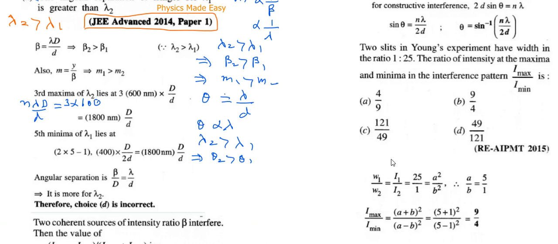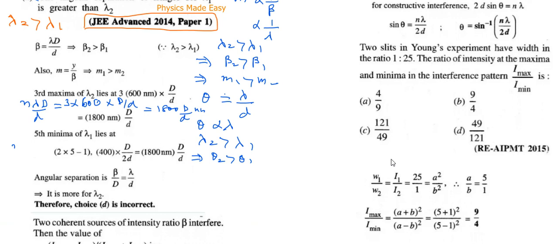So this is 3 multiplied by 600 into D by d, which comes out to be 1800 D by d, and nanometer is the unit.